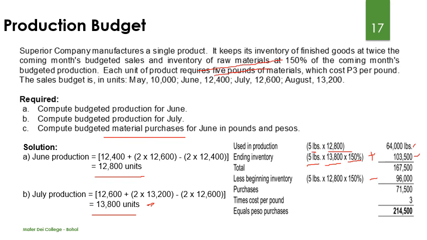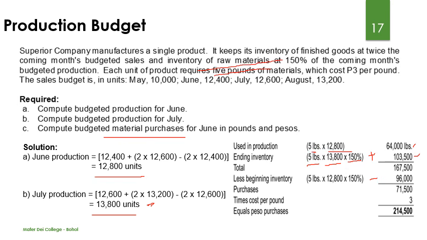Next is determine the beginning inventory. Remember that the beginning inventory is the ending inventory of last month. And what would have been the ending inventory last month? Remember, that is computed as the last month's ending inventory. So how do we arrive with the ending inventory of last month?